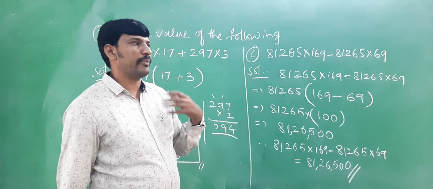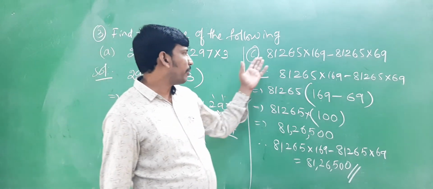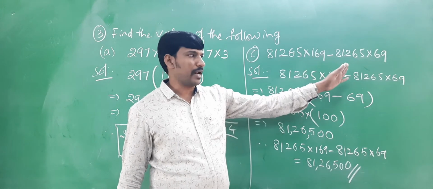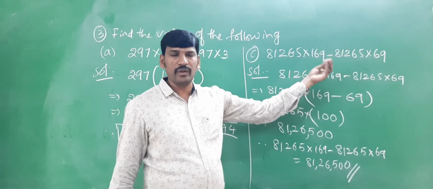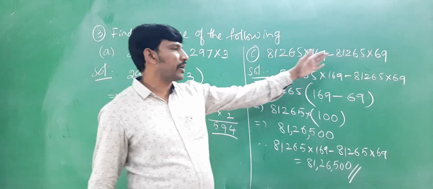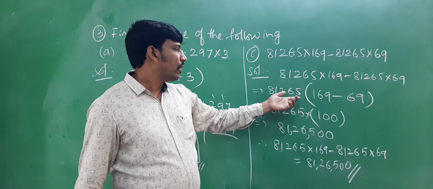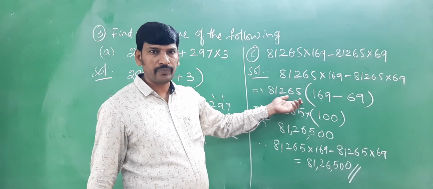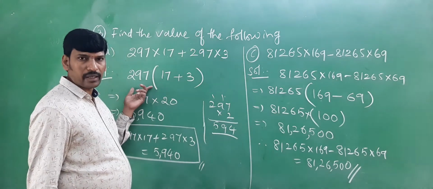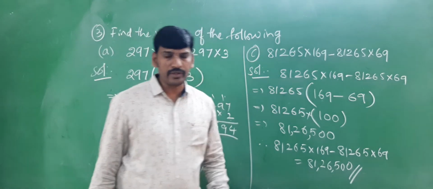Whenever you appear for competitive examinations, if you apply the general method, multiplying directly and subtracting, somewhere you will make a mistake and you will lose marks. So if you apply the properties, this is distributive property of multiplication over subtraction. Here, distributive property of multiplication over addition. Reverse process we are doing here. Clear? Here also. Please copy these two.